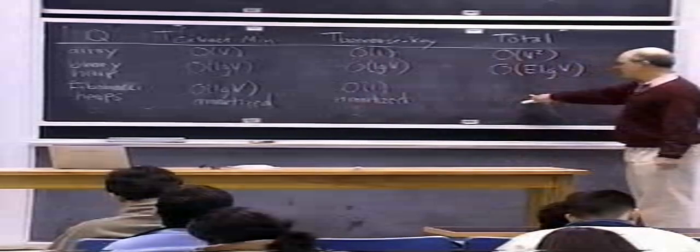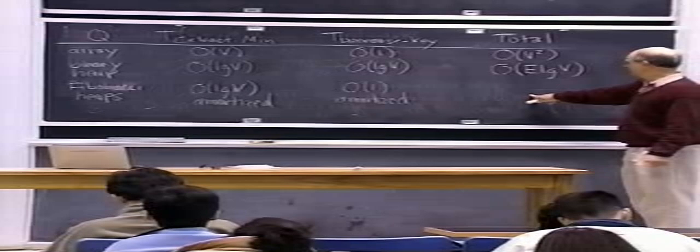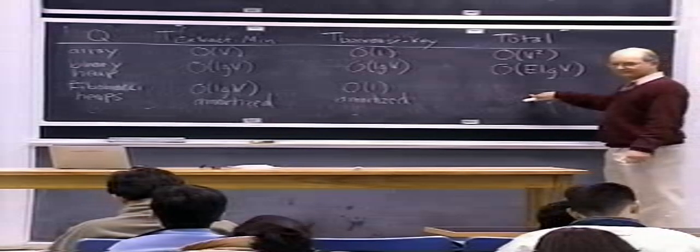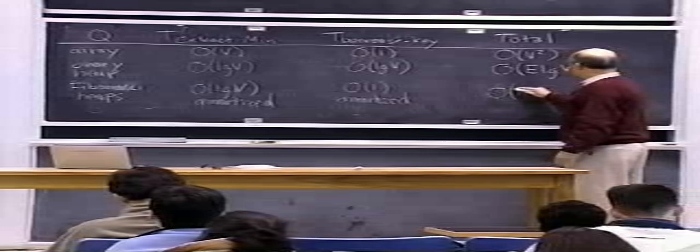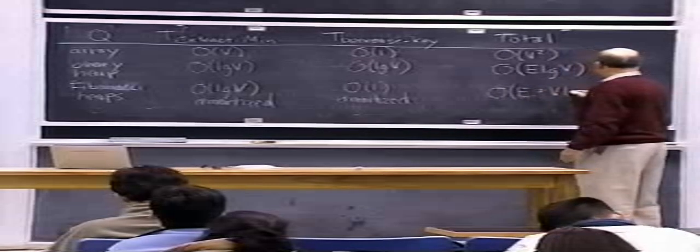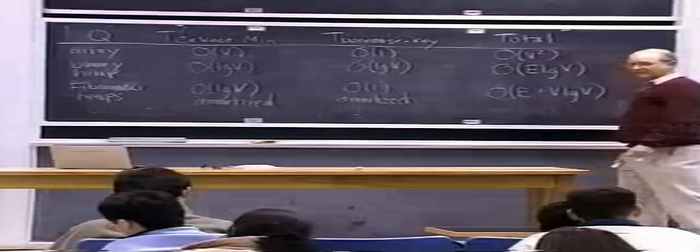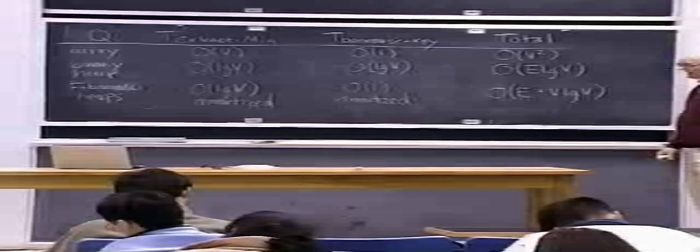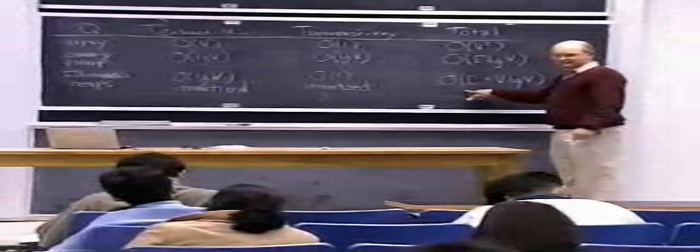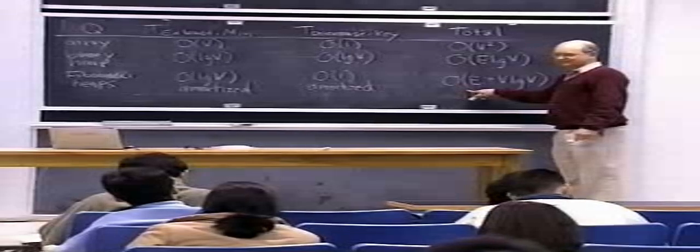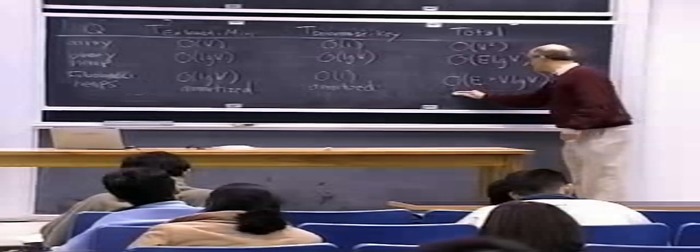So what's the running time for this? Just add it up there. We get order E plus V log V. Okay? Amortized? Worst case.